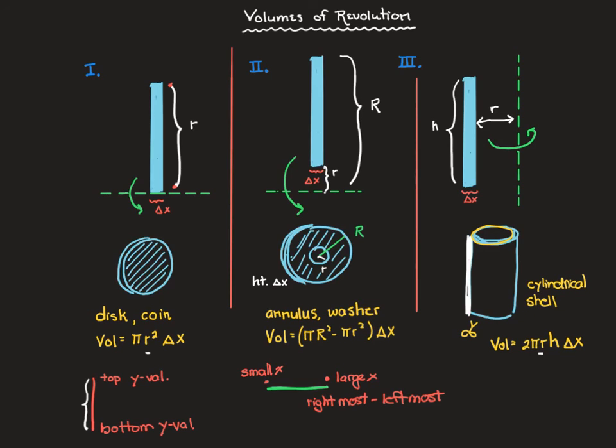For the cylindrical shell, the difference between the inner radius and the outer radius is negligible. The distance is just delta x. Whereas for an annulus, the difference between big R and little r is not delta x. It's larger. So try and draw them differently, and the main thing that you need to figure out is which of the 3 cases you're in. So you're going to be practicing this and seeing how that goes.